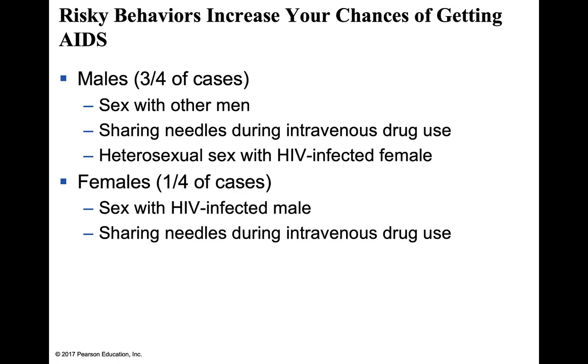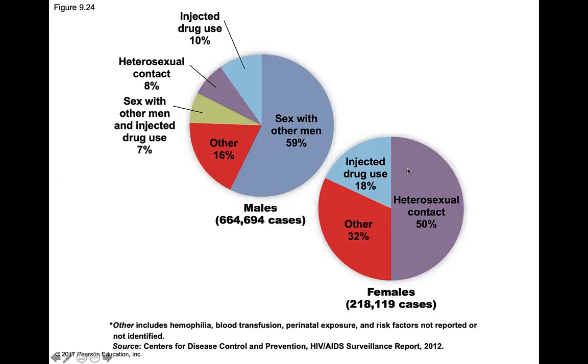So there's a big difference in males versus females overall. Here we have a couple of pie charts that illustrate that. If we look at males, it's almost 60% sex with other men. If we look at women, 50% is due to heterosexual contact. So something to keep in mind here.